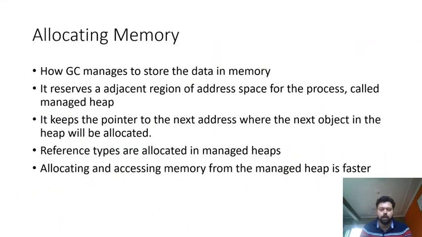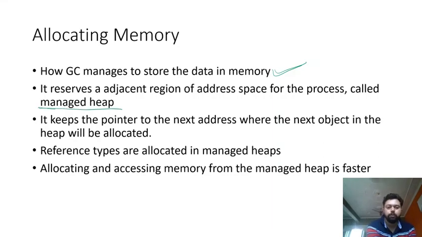So when we say allocating memory, it means how the GC, the garbage collection, manages to store the data in memory. When we create an object, it is stored in a memory space called the managed heap.